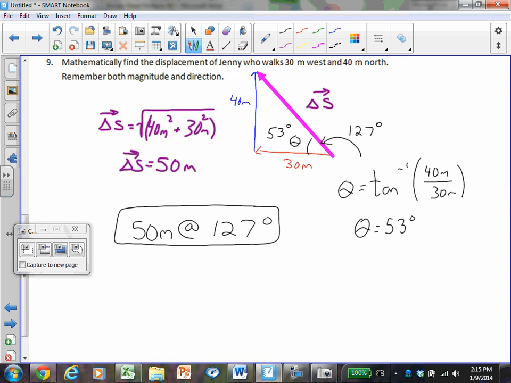Is the vector opposite to delta S, the displacement? That's the equilibrium. That would be 50 meters at minus 53 degrees, or 50 meters at 300, no, 270. What? 360 minus 53, what is that? 307, yes.